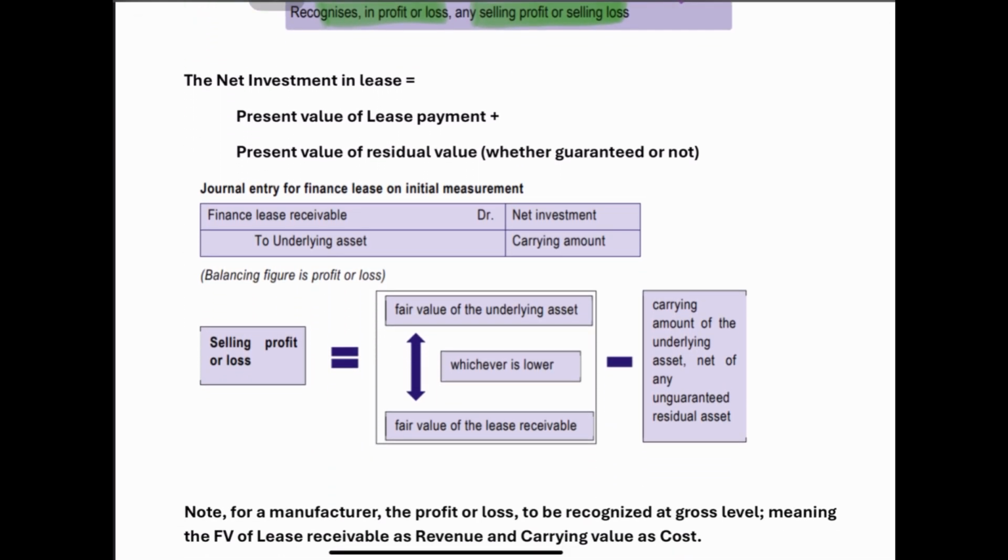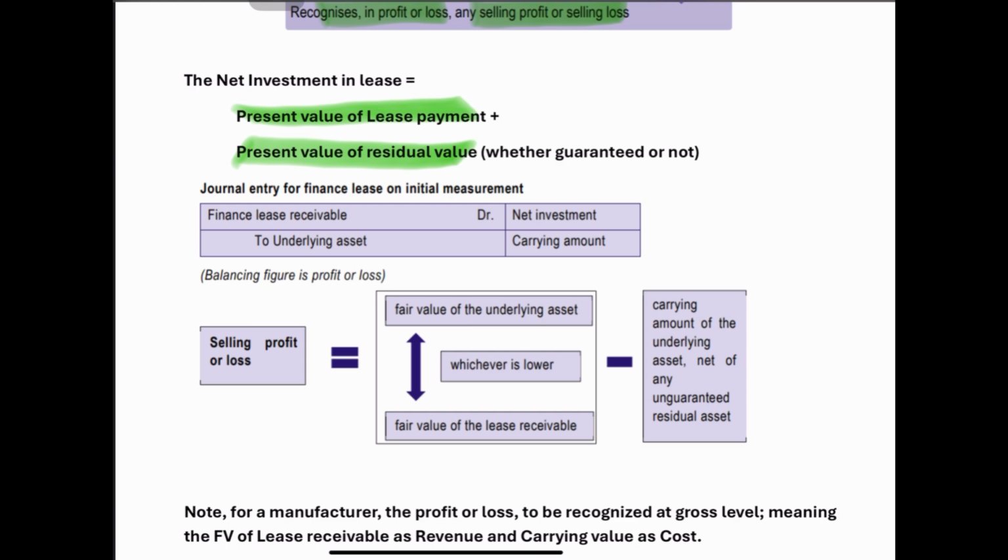Let's see, the net investment in lease is equal to the present value of the lease payments. You have to compute the present value of all lease payments over the finance lease period plus the present value of the residual value. At the end of the lease term, if there is any residual value, take its present value.